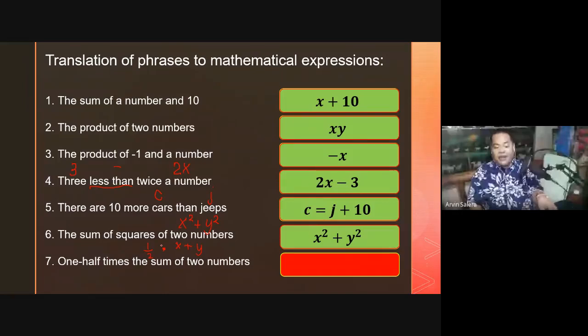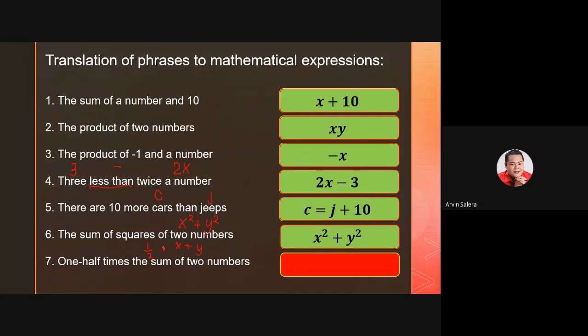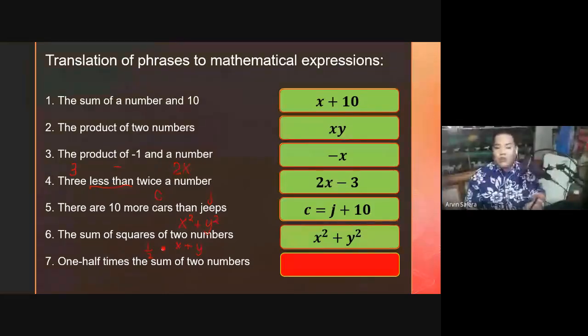Pero, kung imong gamiton si 1/2 gimultiply ra na nimo kang x, which is wrong. Dili pwede. So dapat naay symbol nga x plus y kana nga parenthesis so that you can denote that you have to add first x and y before ka mo continue in multiplying it by half.